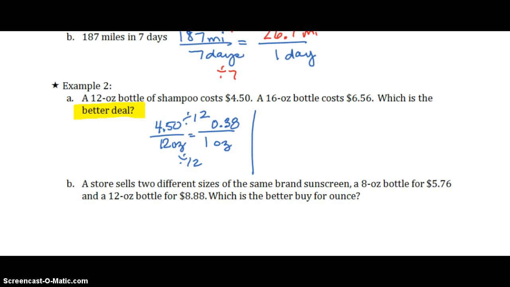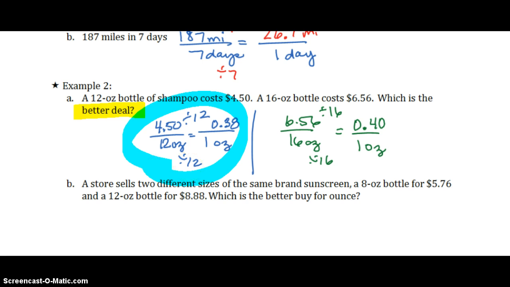Let's compare that to the other bottle that costs $6.56 for 16 ounces. So we're going to divide by 16, and that gives us 1 ounce. And 6.56 divided by 16 is going to give me 40 cents. So in this situation, the bigger bottle was not the better buy.